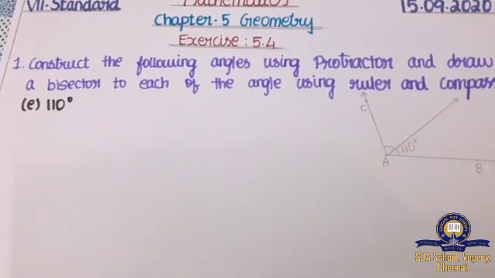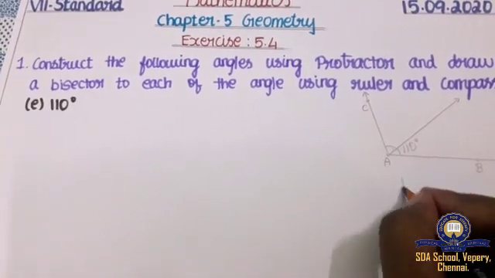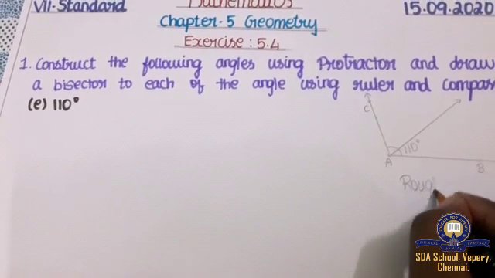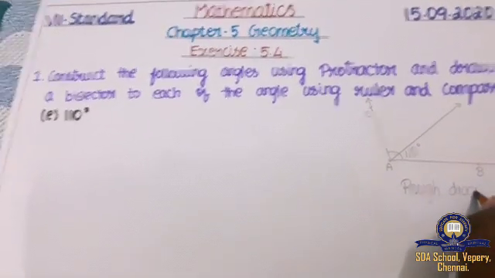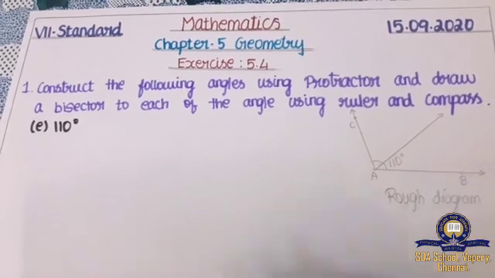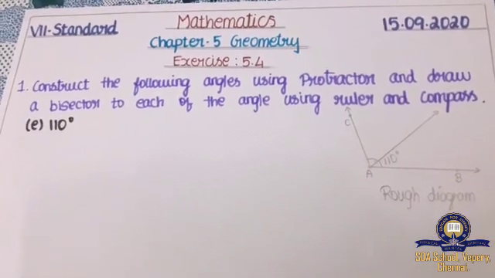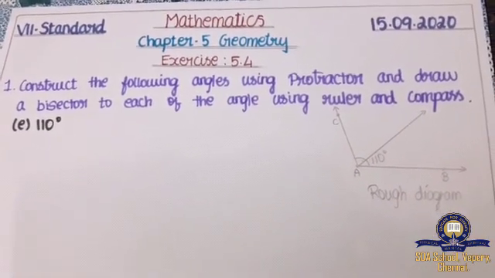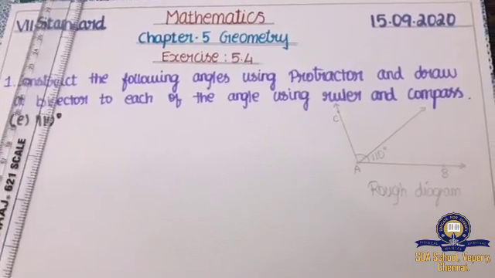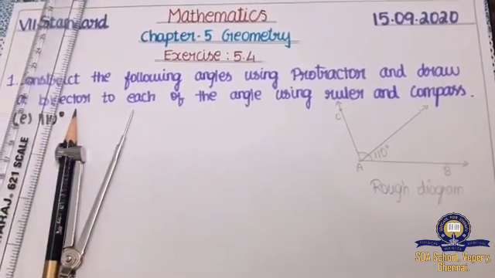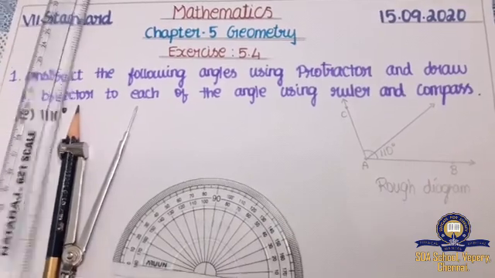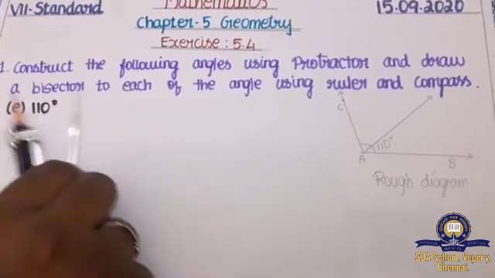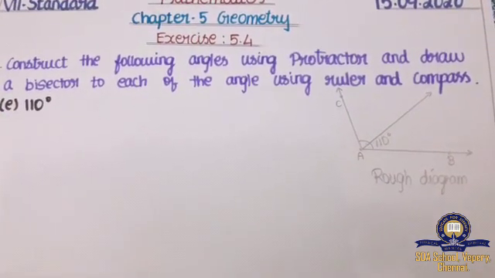Now what is our next step? Our next step is to draw the fair diagram. So for that we need to take scale, compass with pencil and protractor. Students, listen carefully.